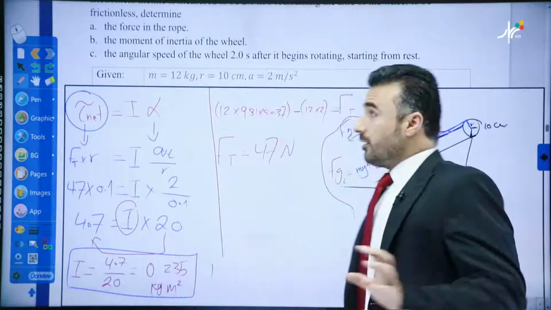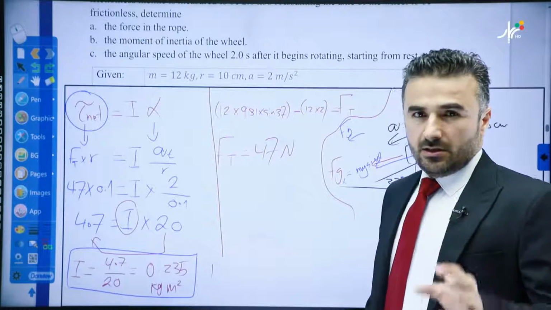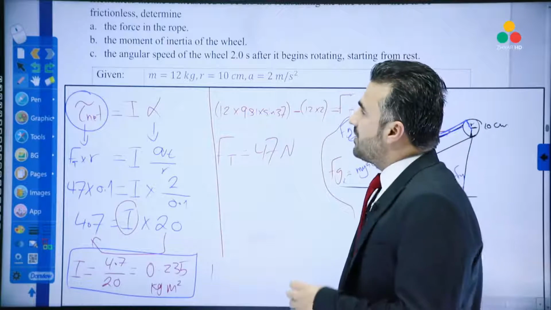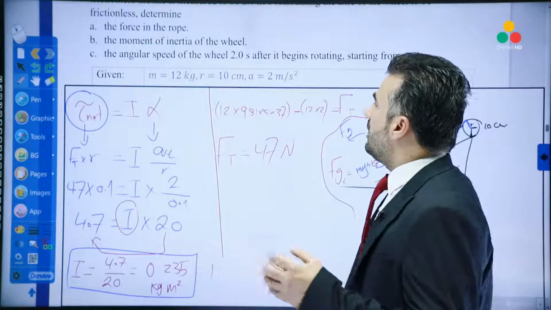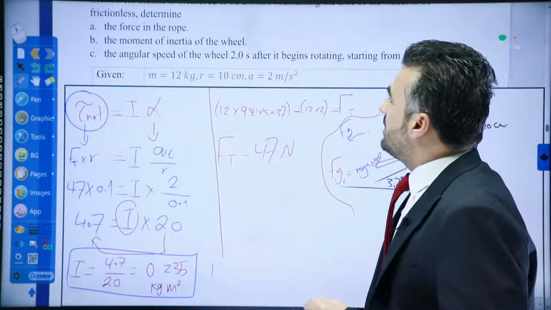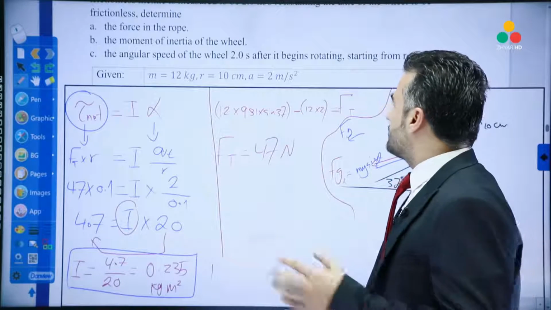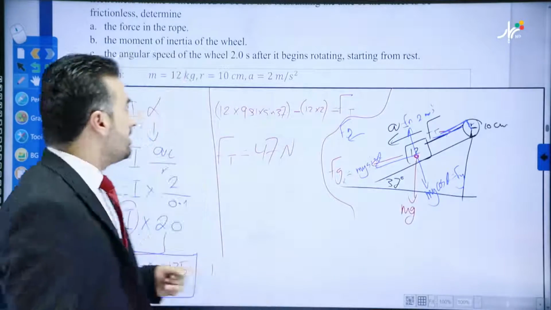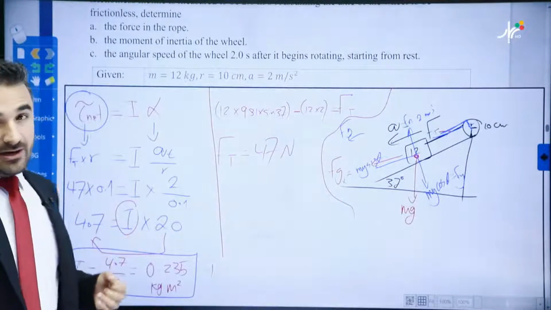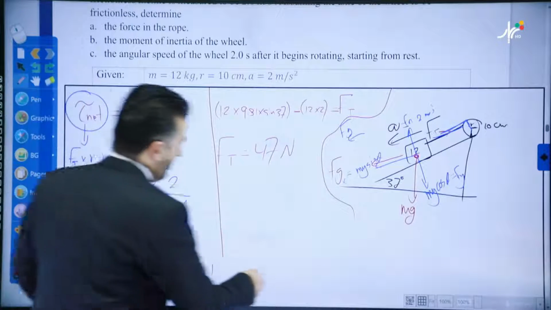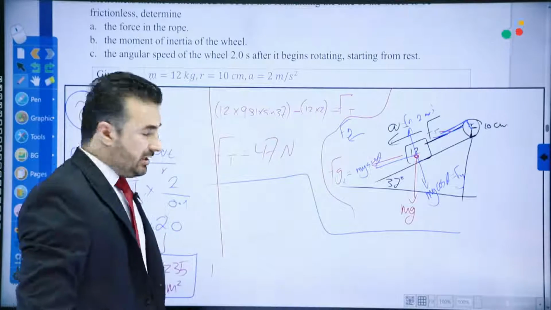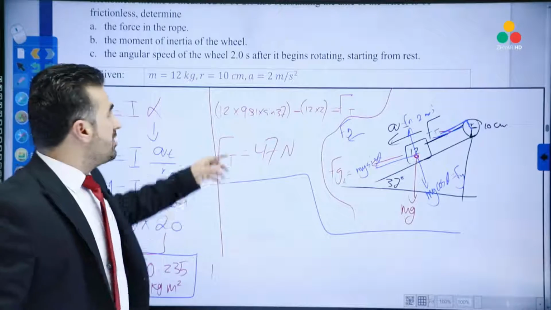Now, we're at the last part of this question. It says, part C, the angular speed of the wheel 2 seconds after it began rotating, starting from rest. So how do you find the angular speed? That's very simple. Perhaps you can save some space here.